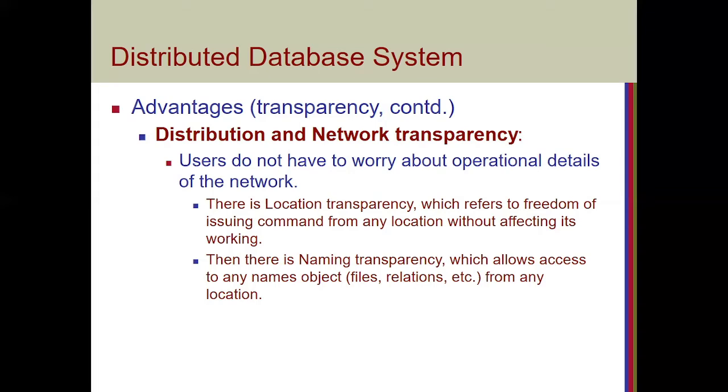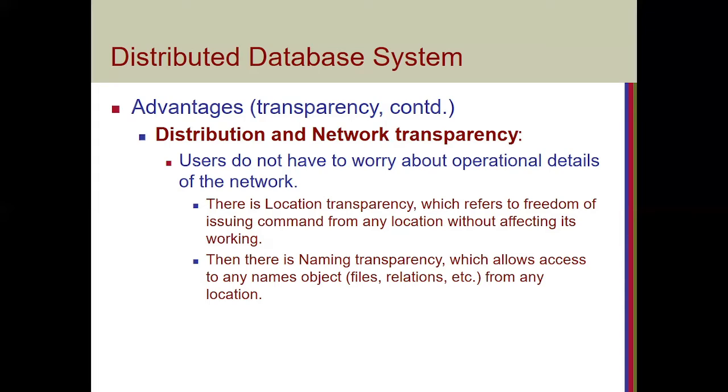For example, there is allocation transparency, where you can always execute the various SQL commands from any site without really affecting the underlying operations. We have different categories of SQL commands. I believe we understand the DDL, DMLs, and DCLs. And of course, how we name our objects.